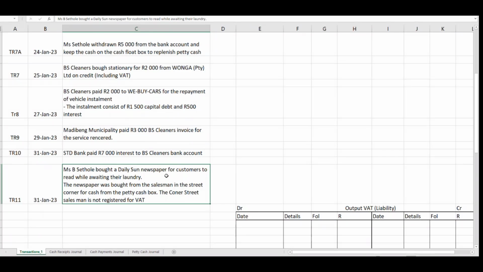The street corner salesman is not registered for VAT. So we do not pay VAT because he's not registered for VAT. Yes, that is correct.